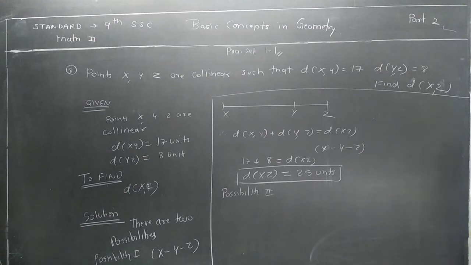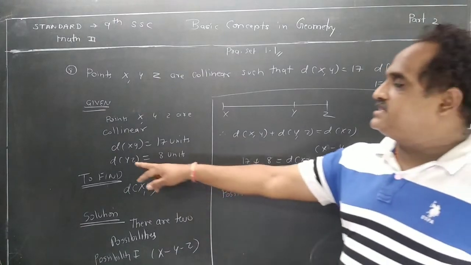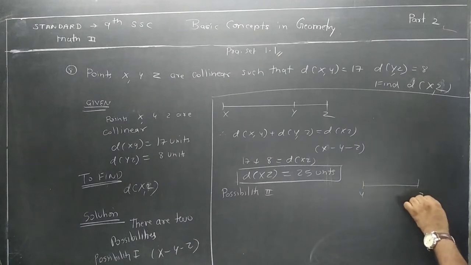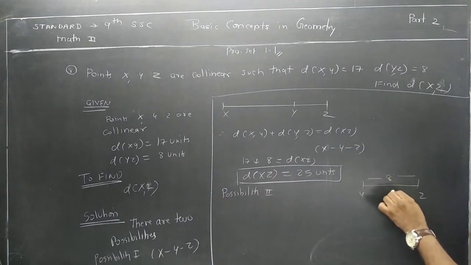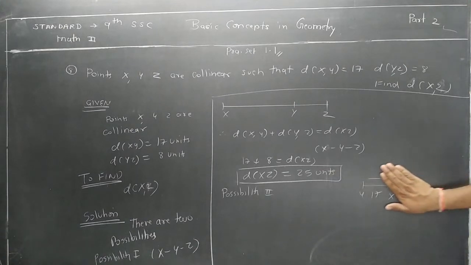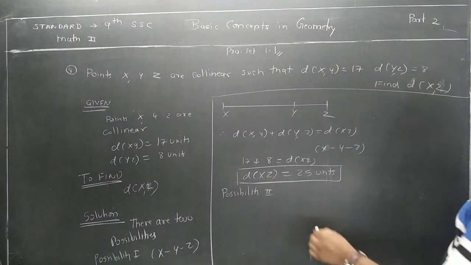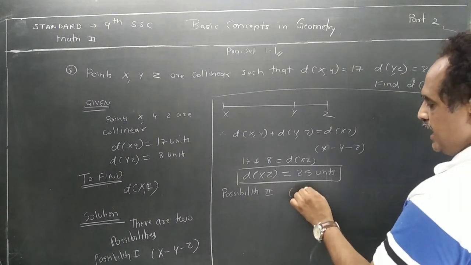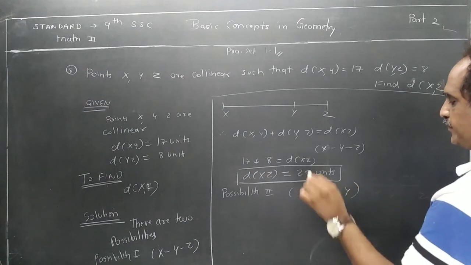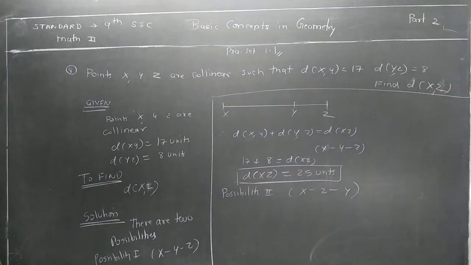Is it right? Now, possibility second. As I told you, in possibility second YZ cannot be 8 because if I take X in between, and XY is 17, that is not at all possible. So what is the second possibility? In the second possibility you can put XY as the largest segment and Z in between. You got it?